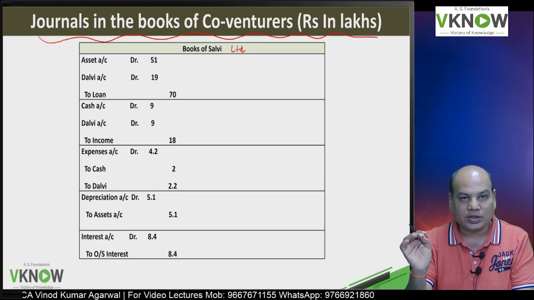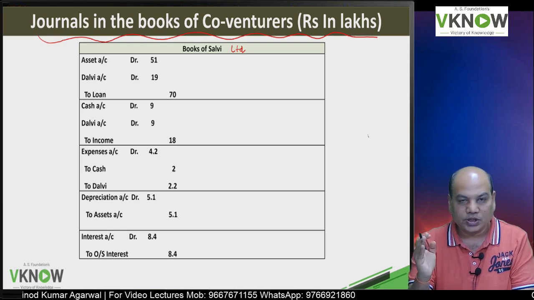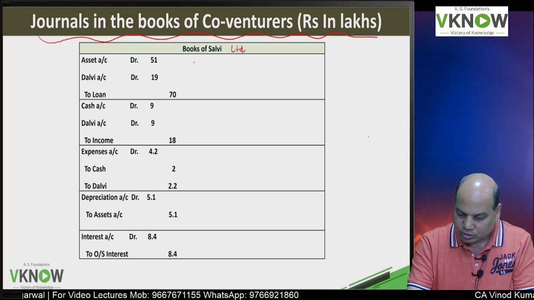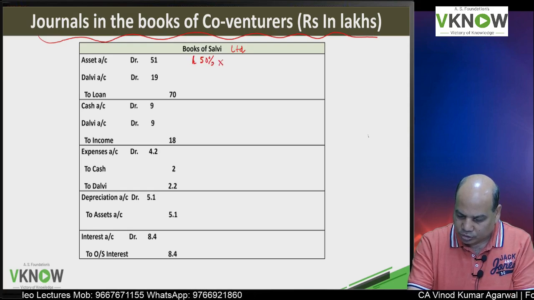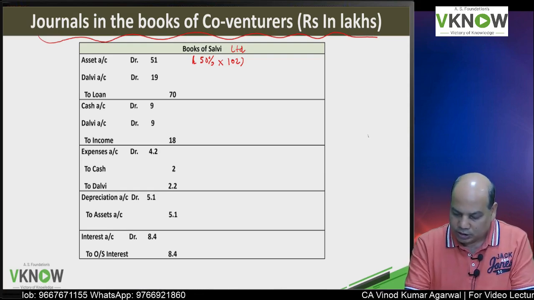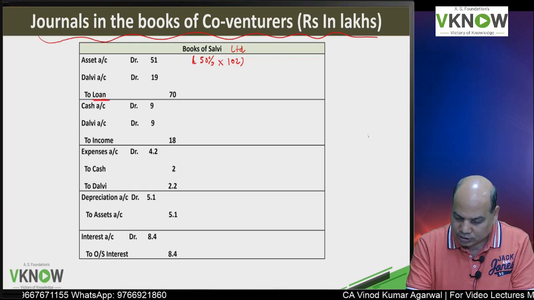Total value of the asset is 102. Each party will record 50%. So you will write down asset account debit 51. How has this 51 come? 50% of 102. So you can write the calculation if you want. Then he has taken a loan of 70.